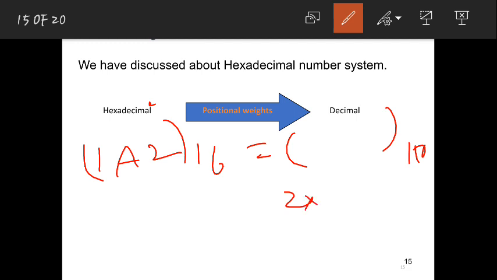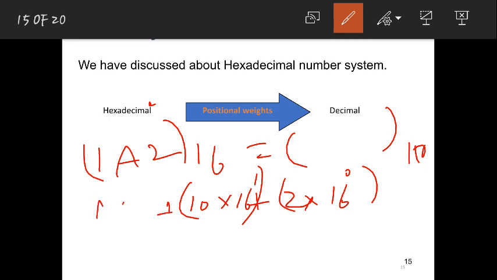So 2 into 16 to the power of 0 plus 10 into 16 to the power of 1, plus 1 into 16 to the power of 2. Now just calculate it by yourself. If you want, just pause the video, calculate it and see the result. Whatever hexadecimal values they give, you need to convert them in this way itself. So if you convert this 1A2 into decimal, see here what we get is 16 to the power of 0.